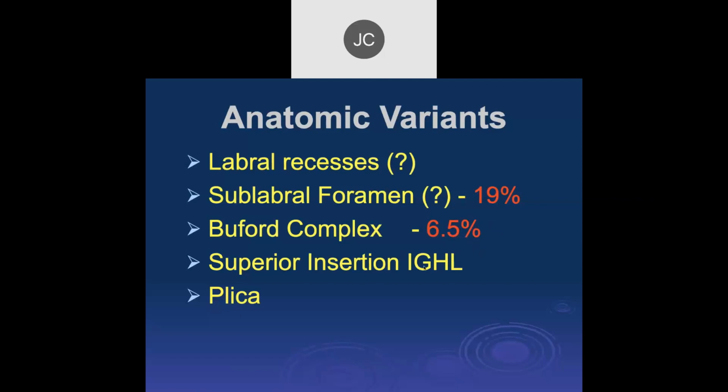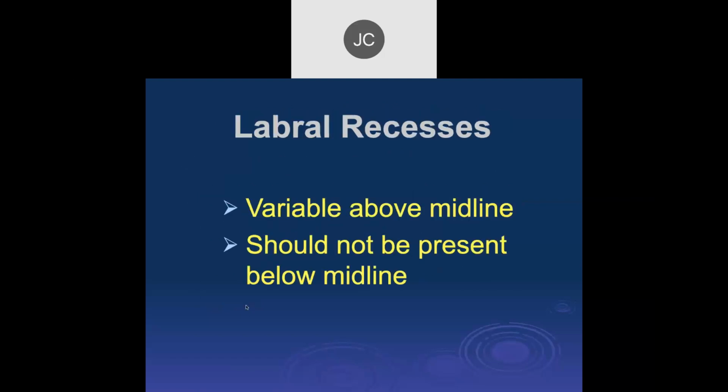And then you've got the superior insertion of the inferior glenohumeral ligament, which we'll talk about, which can be confusing. And then you can also get a plica in this particular area. So above the midline you can have an inferior labral recess. Below it, you're not supposed to.